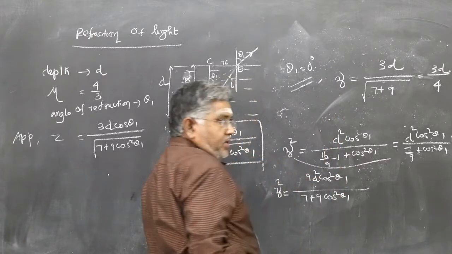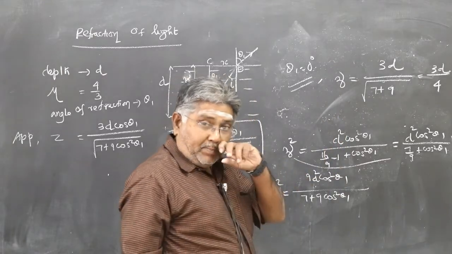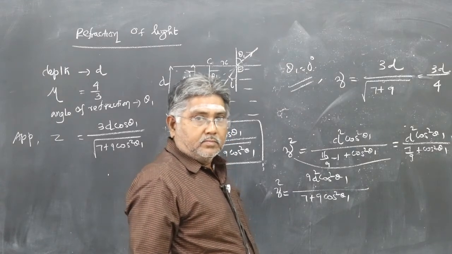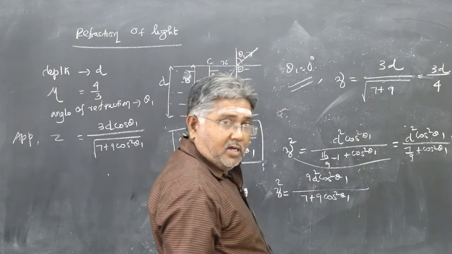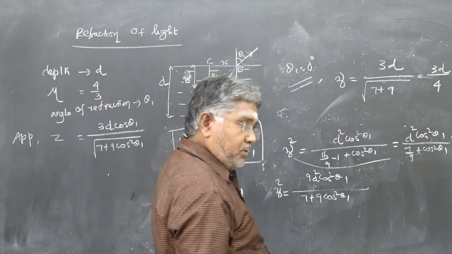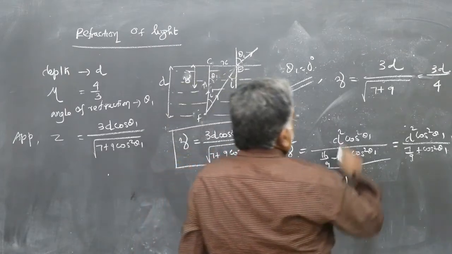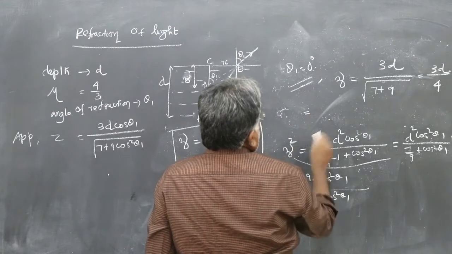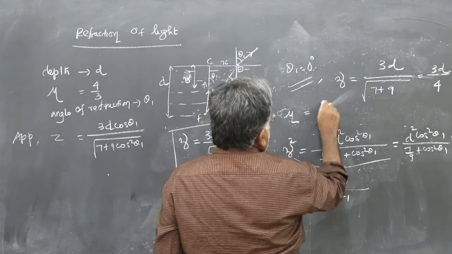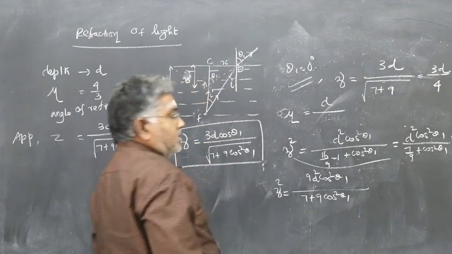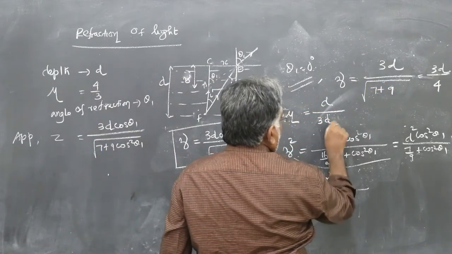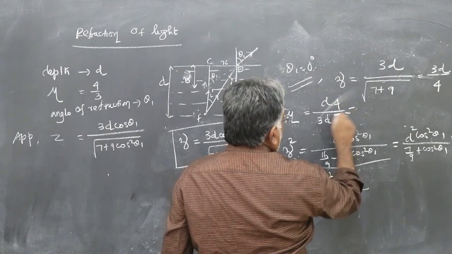Therefore mu is real depth by apparent depth. We will just see whether real depth by apparent depth gives mu. This is the apparent depth. So mu is, real depth is d, apparent depth is z, which is 3d by 4, so it will go here.